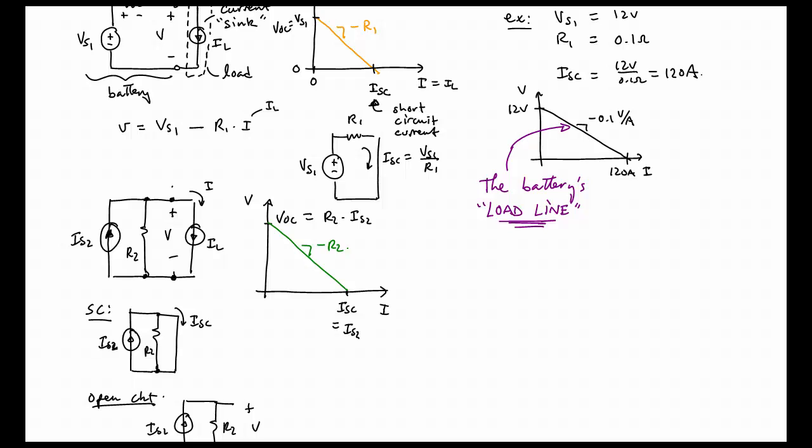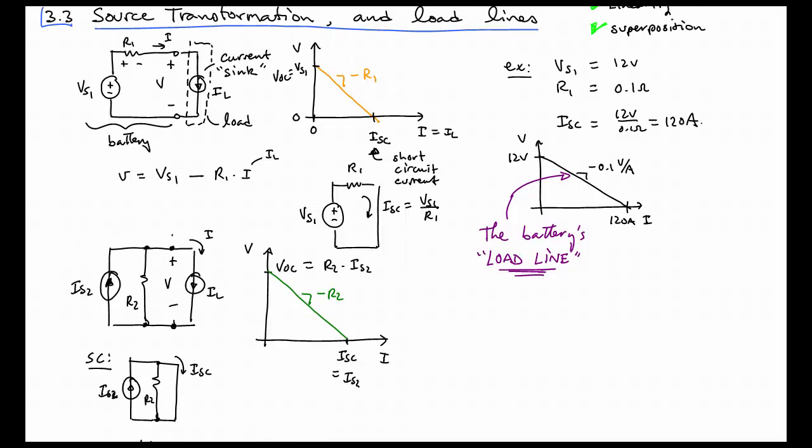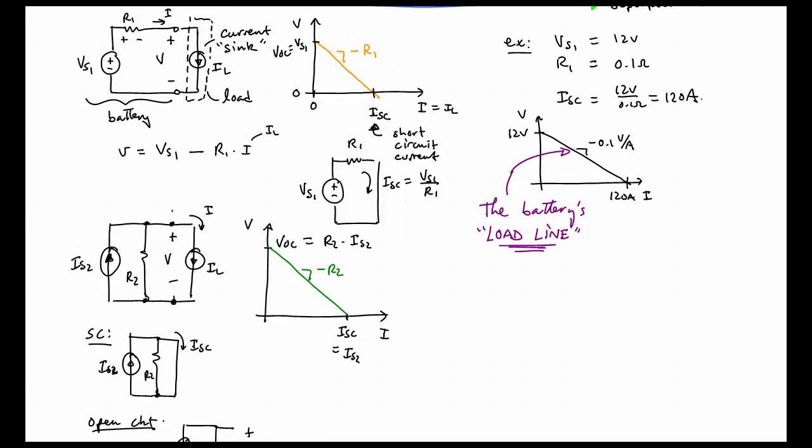Okay, so now the question is, both of these sources, the voltage source VS1 plus R1 and the other source IS2 with R2, both produce a load line that look identical. I mean, at least in shape, right? Let me actually write an expression for this. We never wrote the expression.